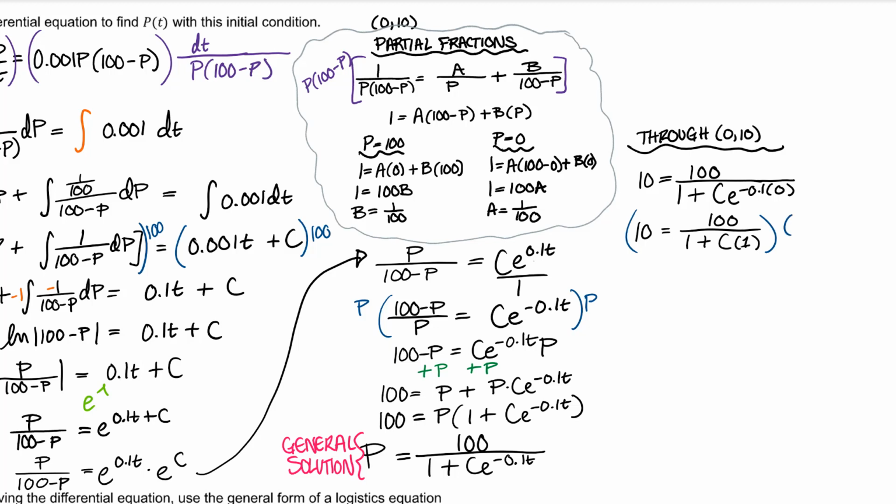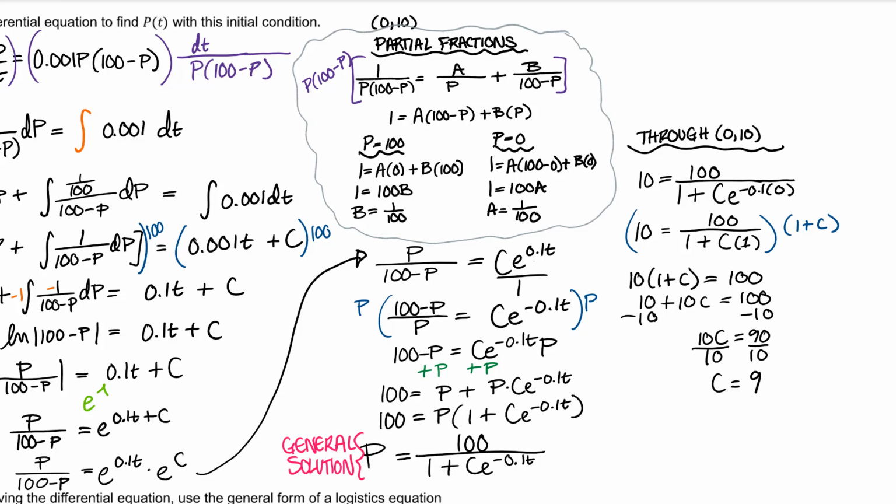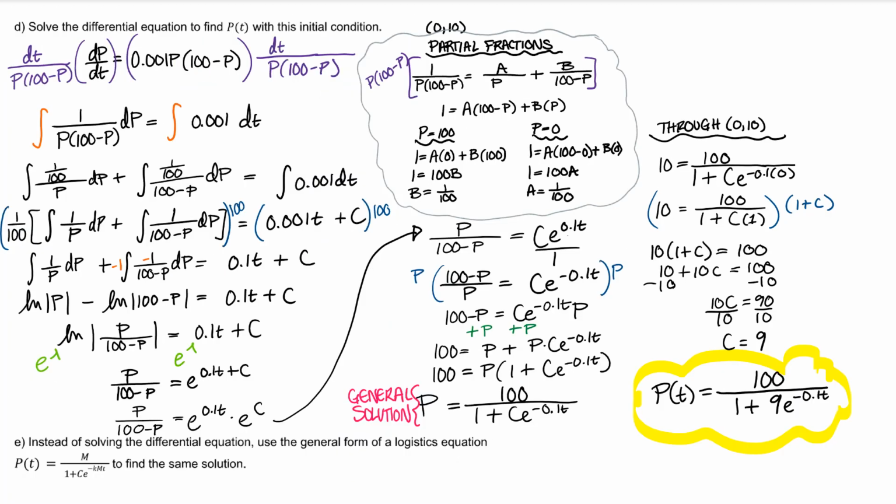We'll multiply both sides by 1 plus c, and you get c equals 9. So our particular solution, we'll call that p of t, is equal to 100 over 1 plus c e to the negative 0.1t. Wow, wasn't that fun?